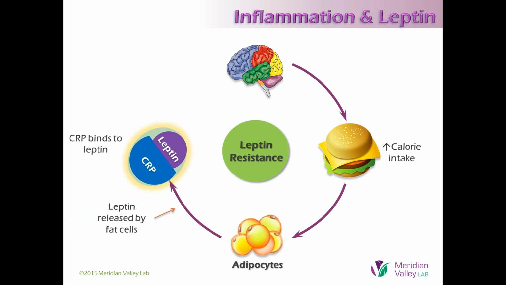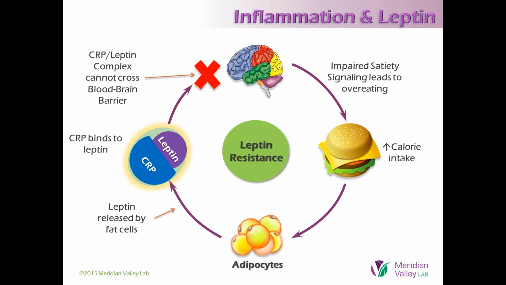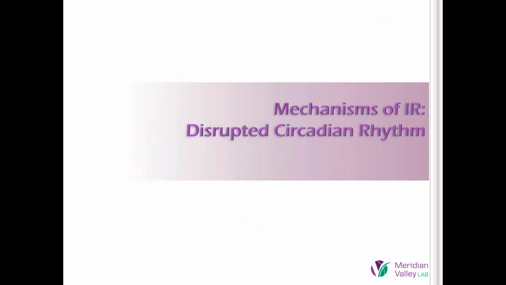And that leptin-CRP complex cannot cross the blood-brain barrier. While this is greatly simplified just for the purposes of our webinar today, the net effect is we don't have the decrease in appetite, and we don't experience all of the positive things that leptin can do for us. That's the duality of leptin.